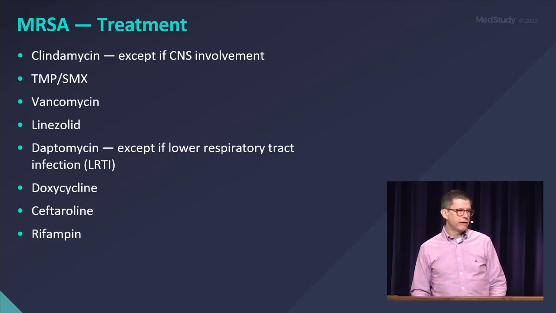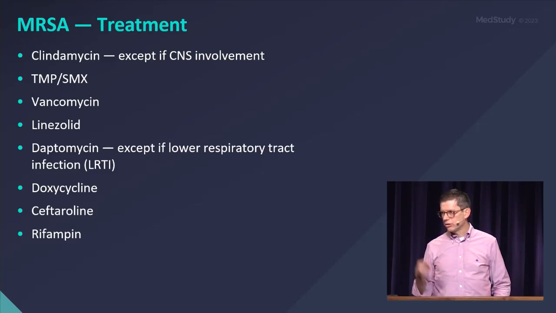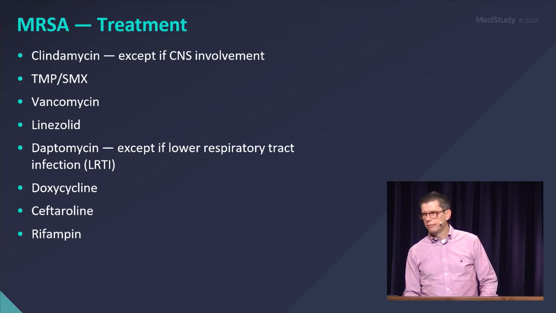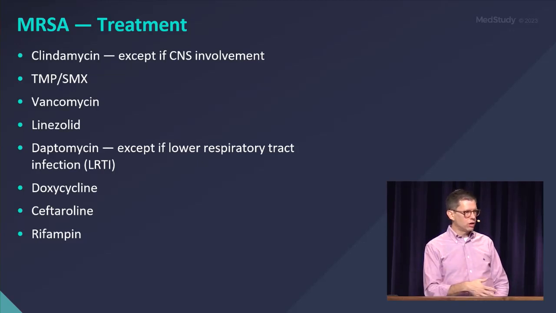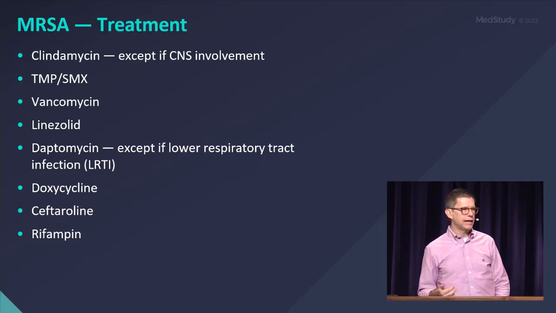Doxy is really good for staph, similar to TMP-SMX, but does not have group A strep coverage. And we typically use Doxy in kids 8 and older because of the concern for teeth staining. Ceftaroline, we mentioned, is a 5th generation cephalosporin that has MRSA coverage. And then rifampin. We typically don't use rifampin by itself. We usually use it in combination with some other anti-staph drug because the ability for the staph to become resistant pretty quickly with monotherapy is high.